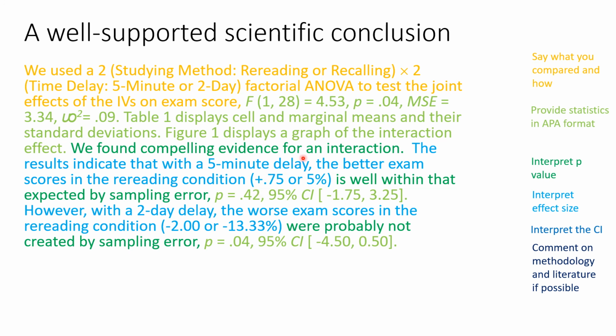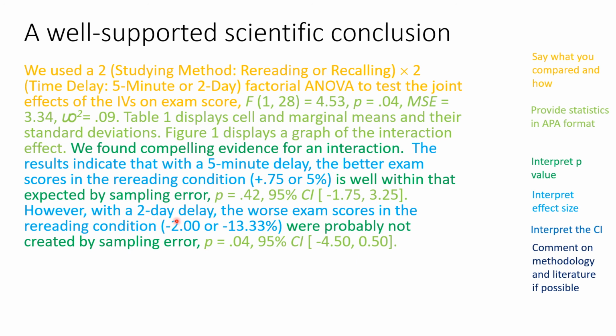So when you're interpreting the interaction, you want to talk about each simple effect, and that's what I just did here. When the time delay was 5 minutes, there were no compelling results. There was no compelling difference between the different studying methods. However, when the time delay was 2 days, there was worse performance when the people were rereading.